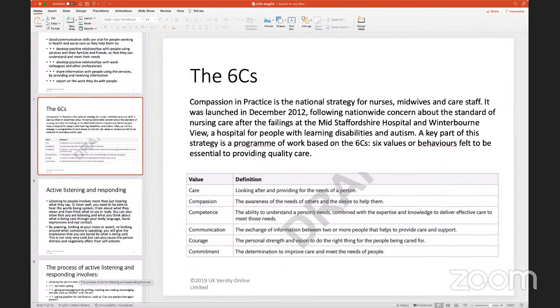Courage, you need to be able to have personal strength and vision to be able to do things right. You can't do things just for the sake of doing it. You have to do things which are considered to be accurate and factual, and are required to be done in terms of providing that service.